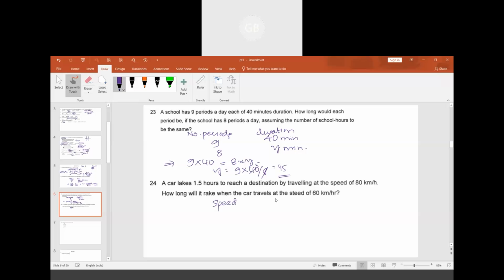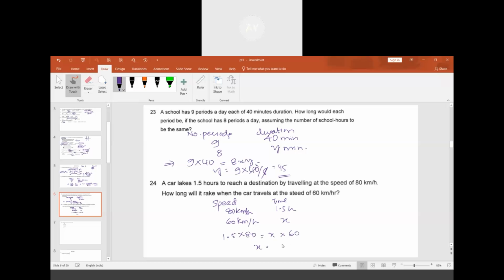One is speed, the other thing is time. When the speed is 80 kilometers per hour, it is taking 1.5 hours. So we have to calculate for 60 kilometers per hour how much time. Let me take it as x. Since it is inverse proportion, the product 1.5 into 80 will be equal to x into 60.